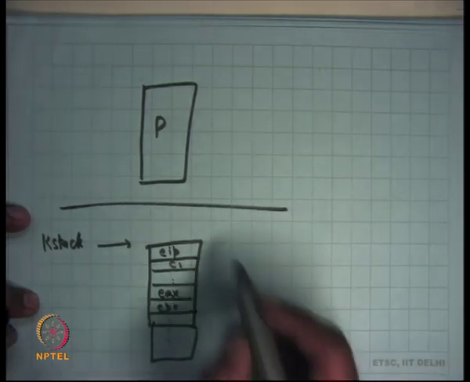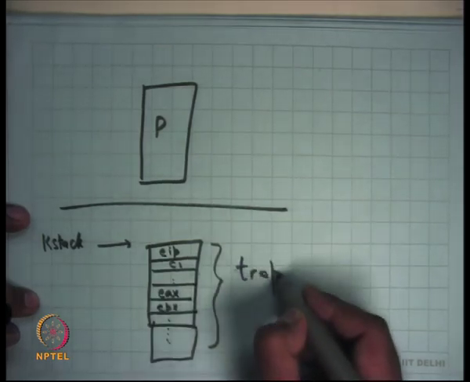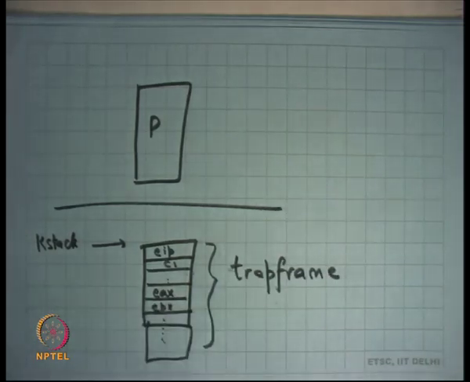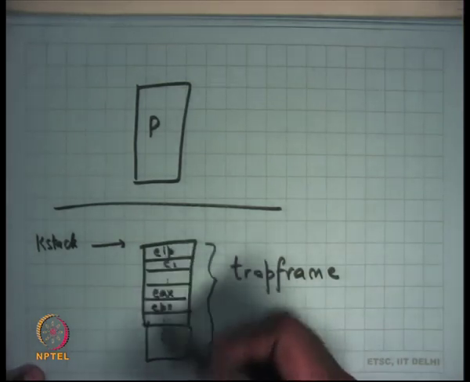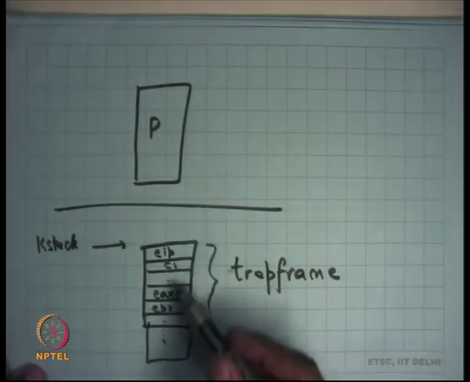This structure, which lives on the stack, is called the trap frame. While I am executing in the kernel, I can look at the trap frame to look at my arguments and also return a return value. So the first thing the handler will do at the entry is create this trap frame.